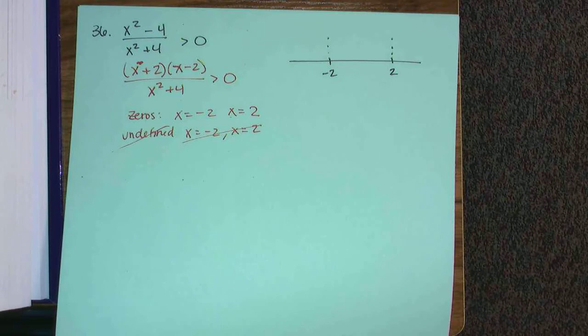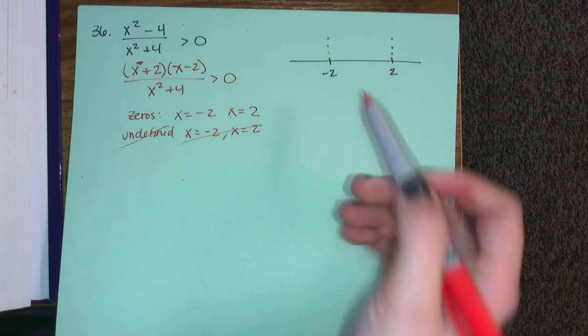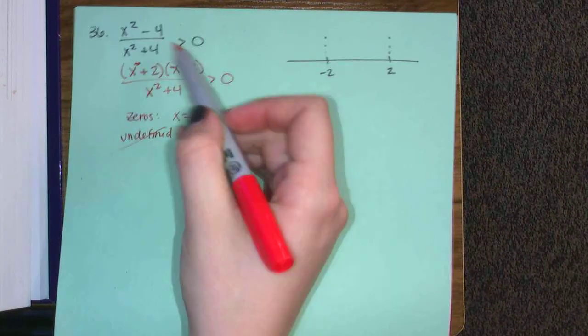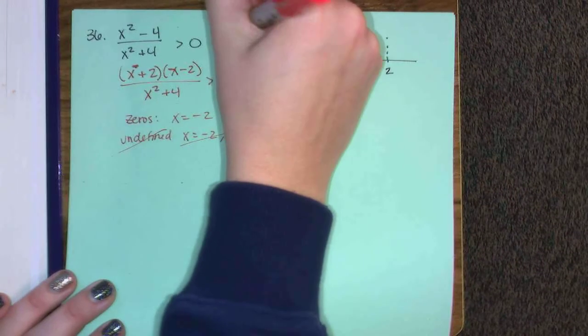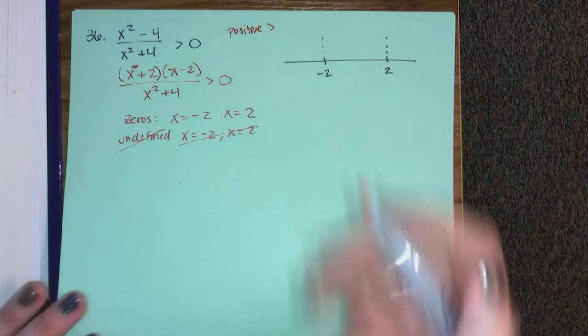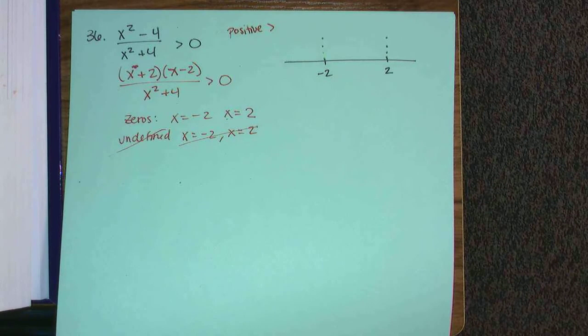Alright, so then I do have zeros, but obviously because it's greater than, still not going to actually include them. So I'm looking for what values when I'm doing this. It's greater than, so what values do I need? I'm looking for positive ones because it's greater than. So, filling in my sign chart.